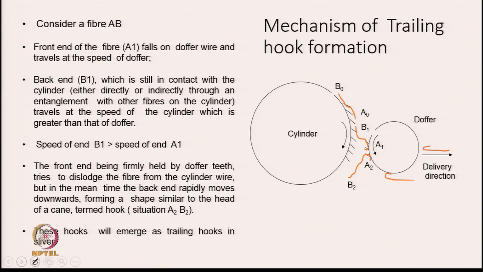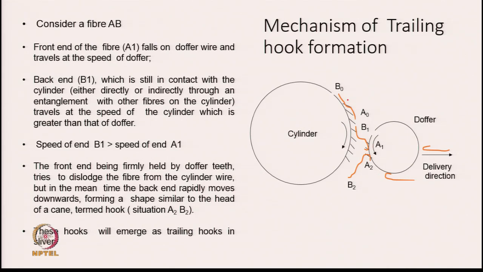Now, as the fiber is carried forward by the cylinder and approaches the Doffer surface, the leading end of the fiber AB comes into contact with the Doffer, and then it keeps on traveling at the speed of the Doffer.